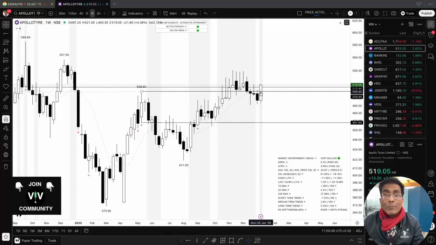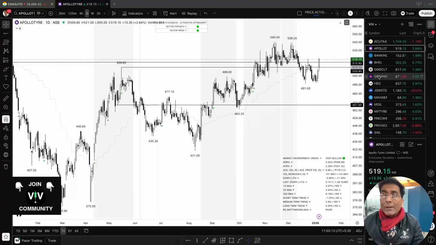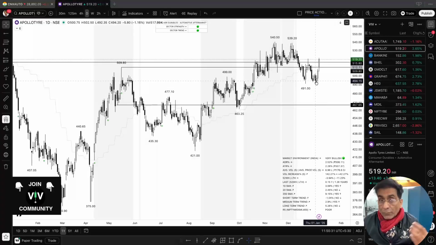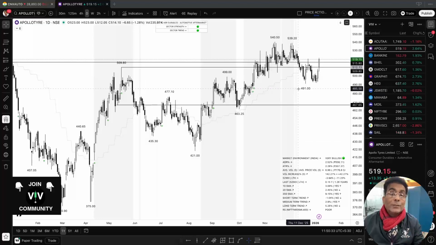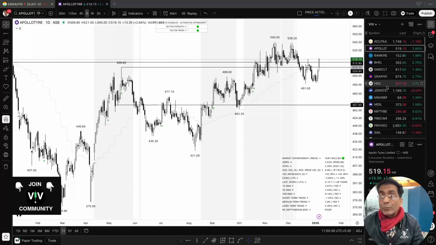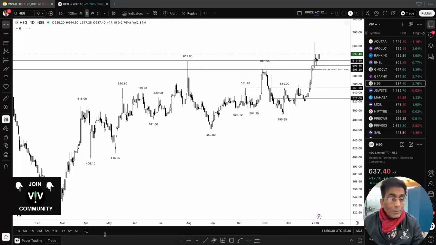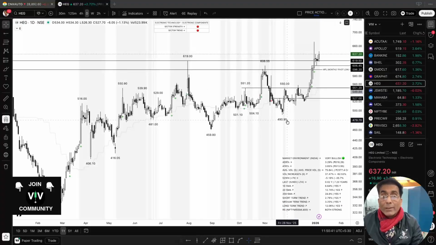So I bought it at 514.50 rupees, almost here, and my stop loss was 0.5% under 511 rupees, under this zone. I don't know whether it will work or not, but our purpose is to follow the system, find out where the trend is, and make some money. Like previously, I had bought HEG also near this level.